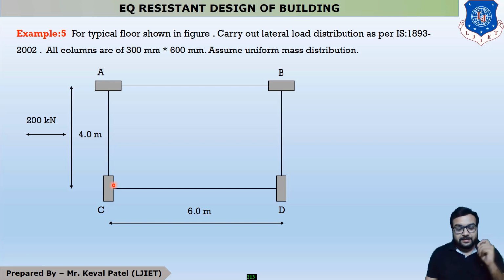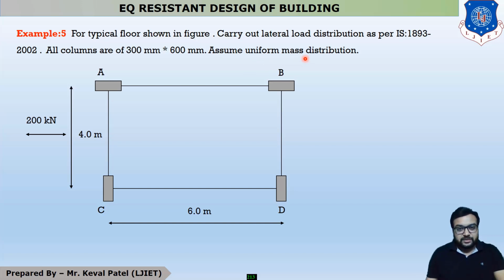Now let us discuss and derive why and how much load is taken by columns A, B, C and D. In the last lecture we discussed the center of mass. The coordinates of the center of mass are (3, 2), because the question clearly mentions uniform mass distribution.